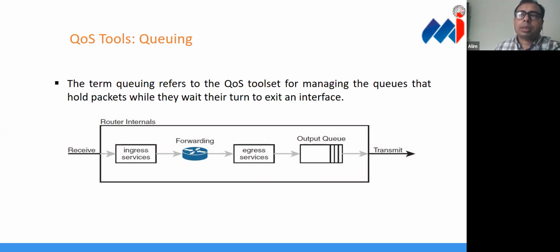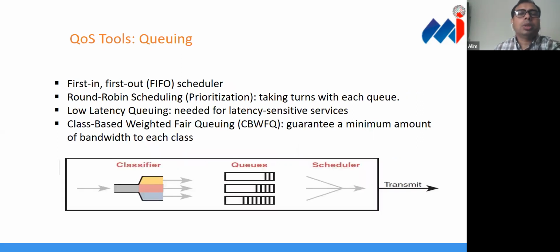Normally it will process on a first in, first out basis, but if we are configuring different quality of service levels, in that case it will schedule packets based on different scheduling mechanisms. The first in, first out scheduler is very simple and normally can be used, but it will not ensure your service experience level.